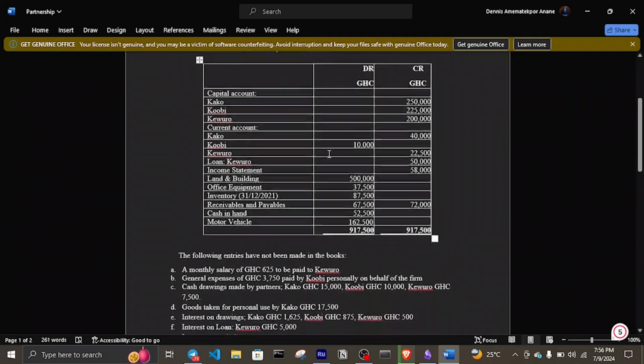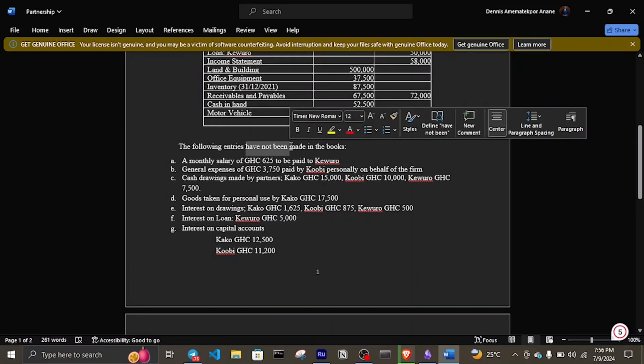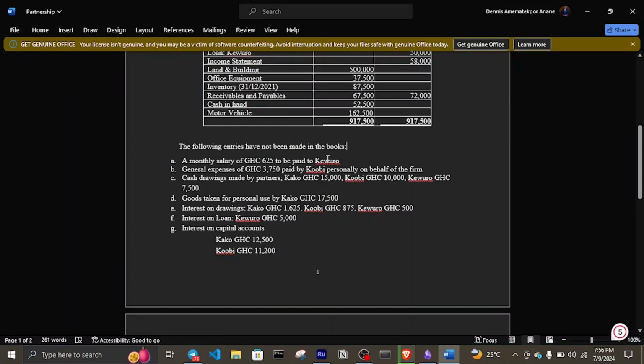The following entries have not been made in the books. A. A monthly salary of 625 cedis to be paid to Kiro. B. General expenses of 3,750 cedis paid to Kobe, personally on behalf of the firm. C. Cash drawings made by partners, Kako, Kobe, Kiro, respectively.